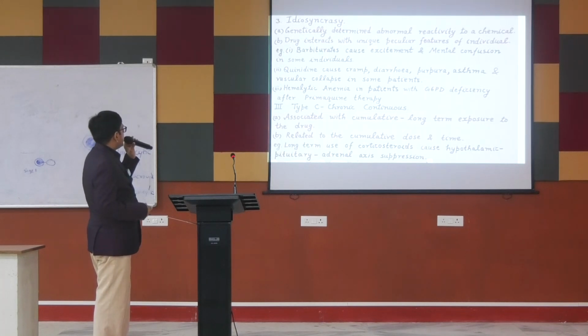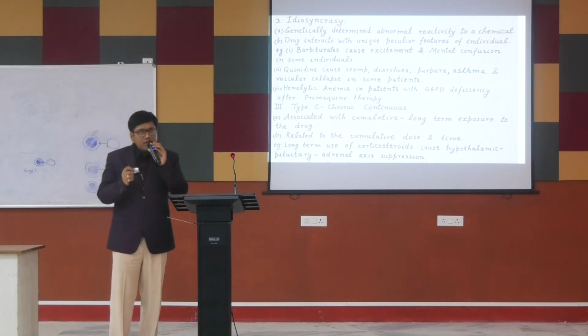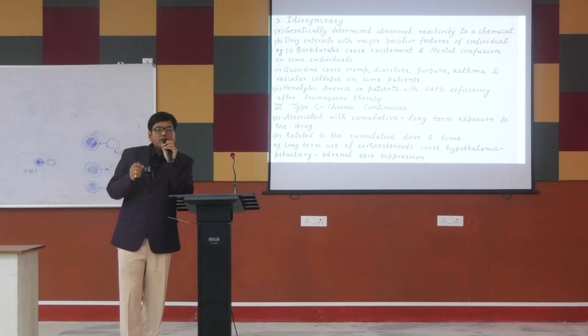So you have to remember idiosyncrasy. The definition: it's a genetically determined abnormal reactivity to a chemical. So there is some specific gene defect in a patient due to which it reacts very violently to a drug. There is a sudden extreme side effect that is absolutely unexpected in general population.